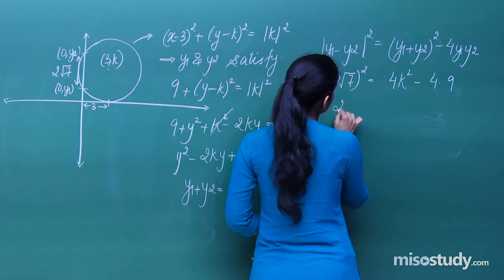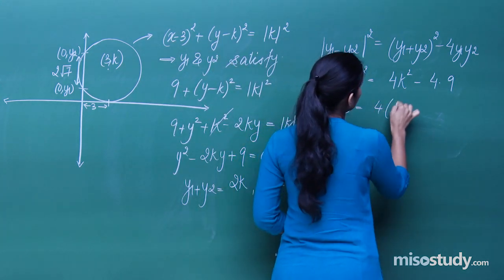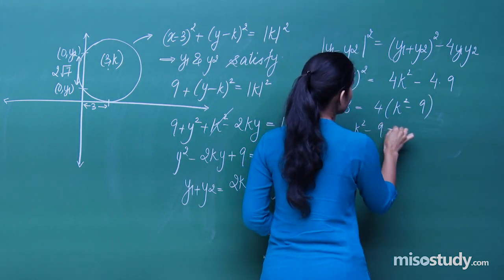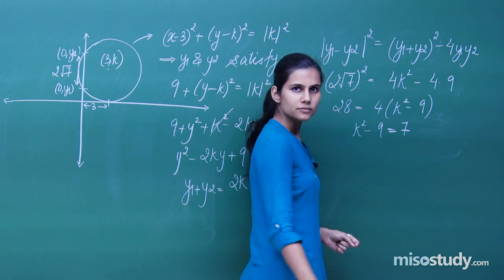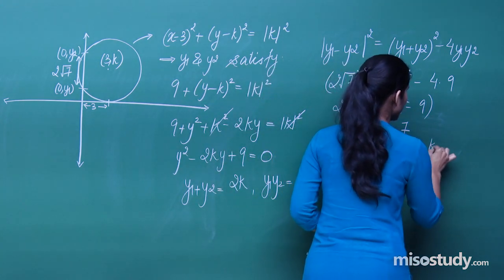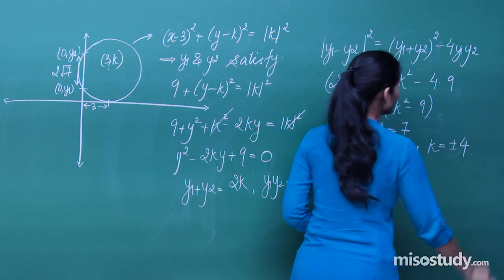Now this gives you 28 equals 4 common, k square minus 9, or you get k square minus 9 equals 7, or k square equals 16, or k equals plus minus 4.